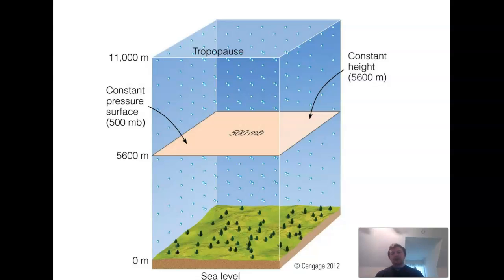We can either look at a certain altitude and then measure the pressure at that altitude. That's typically not what we do though, because altitude by itself can be very different when you're thinking about things like the topography underneath, where the actual ground level is.